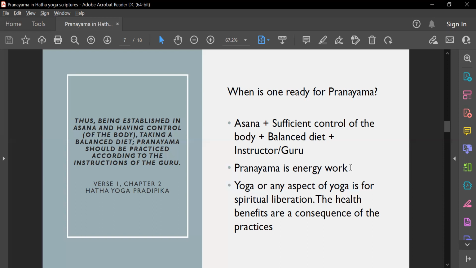Essentially, yoga or any aspect of yoga is for spiritual liberation. Yoga is a moksha shastra. This was a revelation to me, because half a decade ago I thought, as probably billions on this planet think, that yoga is just asana, that it means stretching. But yoga is moksha shastra.